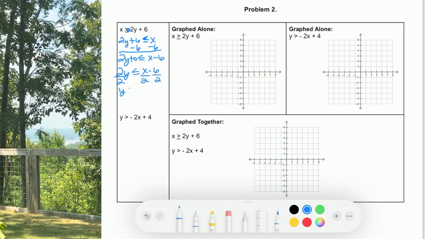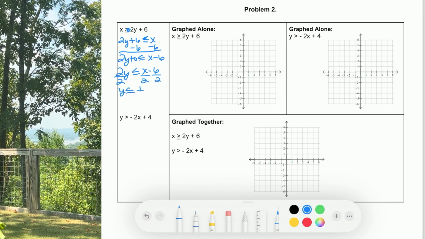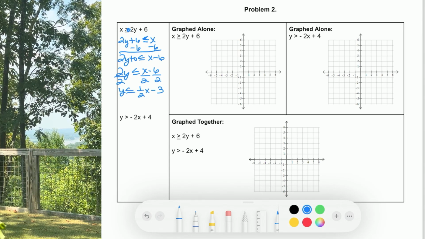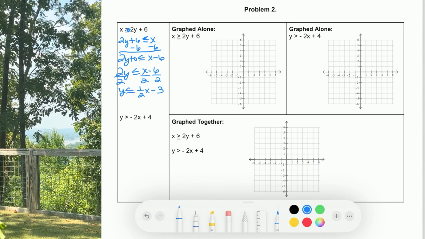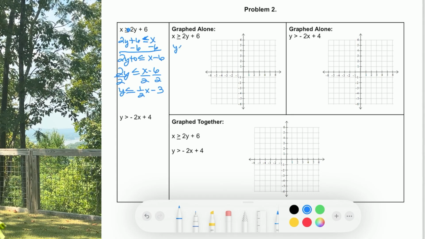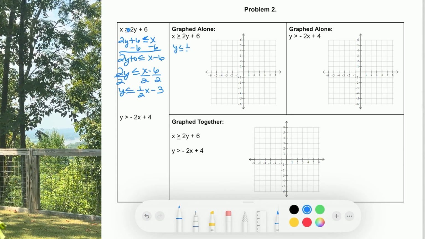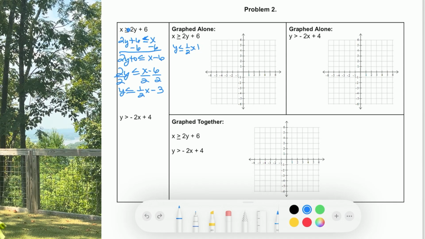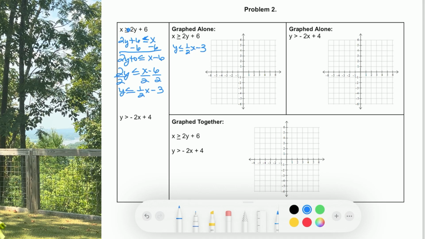And I get y is less than or equal to 1/2 x minus 3. All right, let's go ahead and write that over here. So y is less than or equal to 1/2 x plus 3, or excuse me, minus 3. I almost rewrote it incorrectly. Minus 3. Go ahead and plot that.